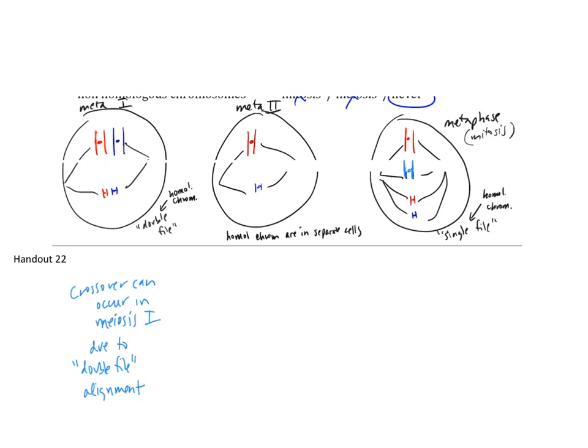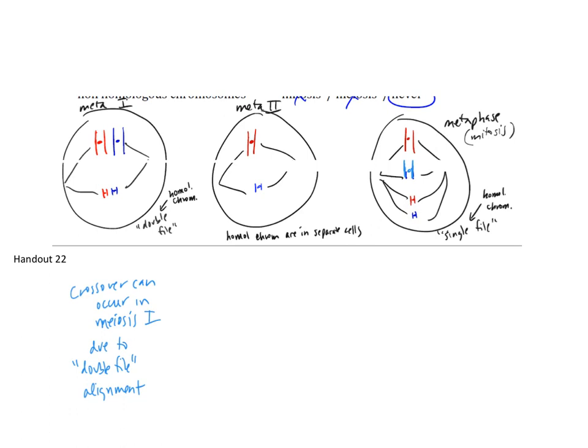It got the long red chromosome, and then it got the short blue chromosome. And so now, as we proceed from metaphase 2 to the end of meiosis 2, then the sister chromatids will be separated. And there would be another cell that would have the long blue chromosome and the short red chromosome.